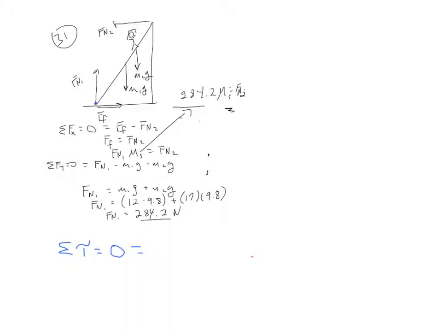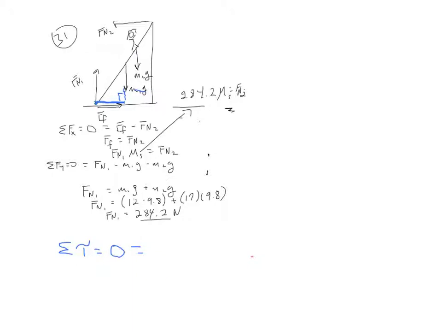Here's M1G, and the question is, where is its lever arm? It's this distance right there. If I drop this down this way, this is the perpendicular distance between the axis of rotation and this force, because they meet at a right angle right here.